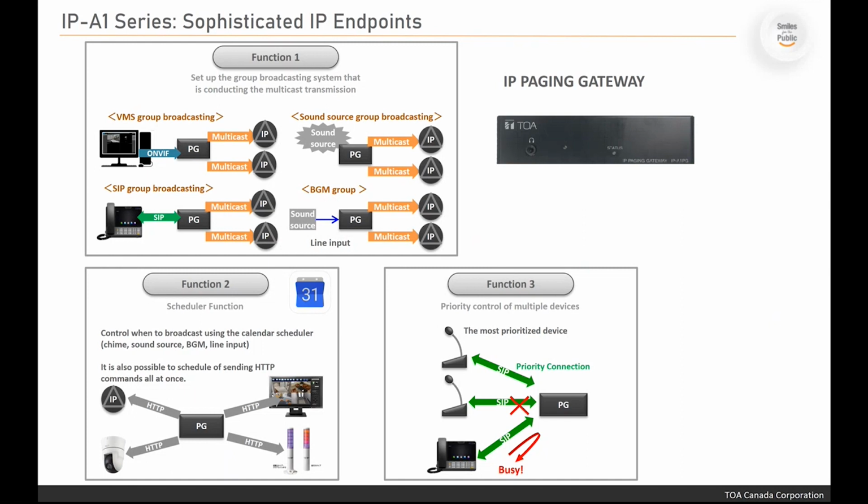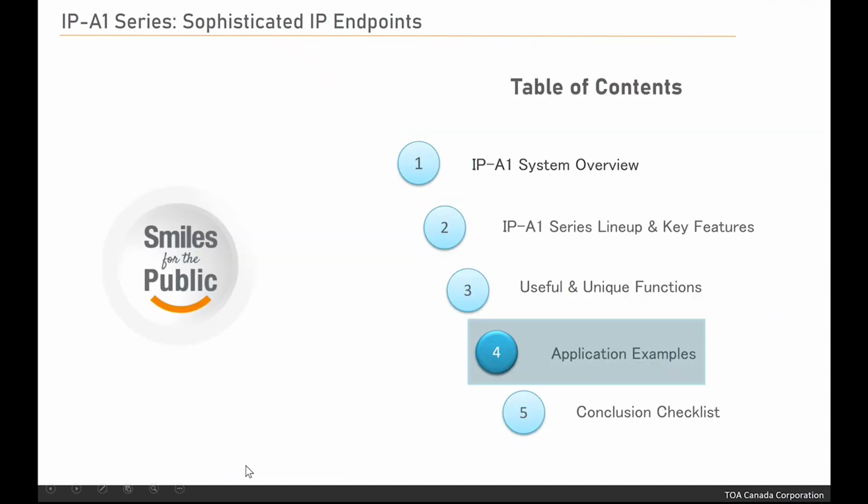So it will allow the streaming of the highest priority device depending on what you program on the IP-A1 paging gateway. Next we're gonna talk about the application examples and the way this system can do integration.